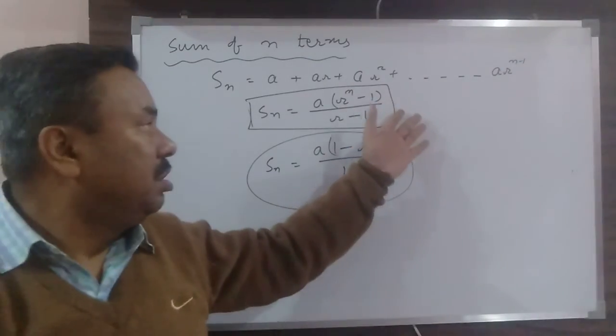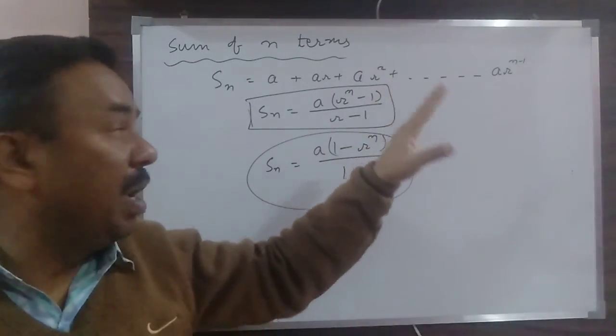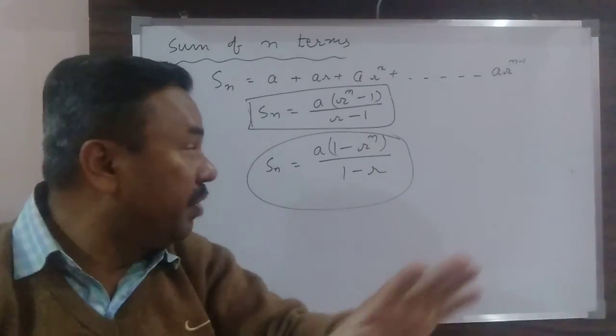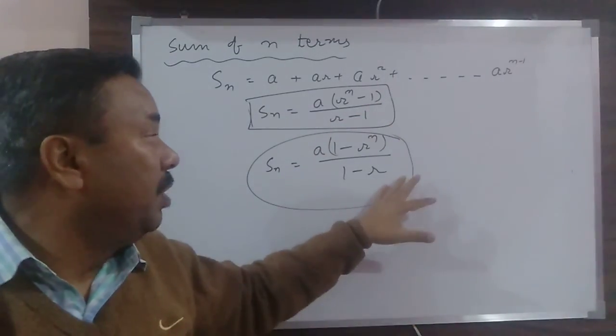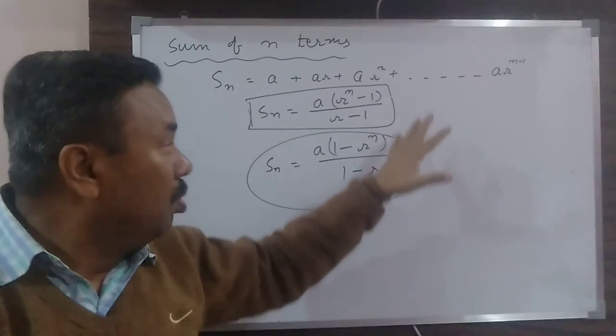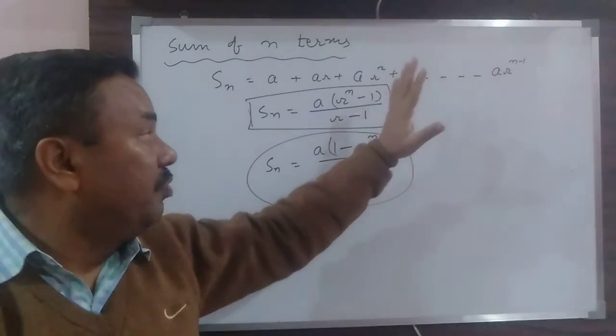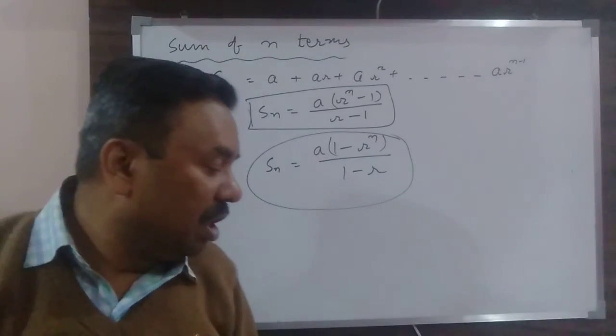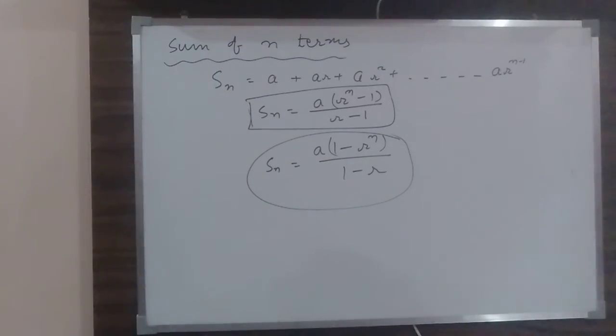It is not, because if you multiply both numerator and denominator by minus 1, you will get this formula. So it is not making any difference whether you write it this way or this way. It's better to understand just one formula and try to solve your questions using this one formula only.